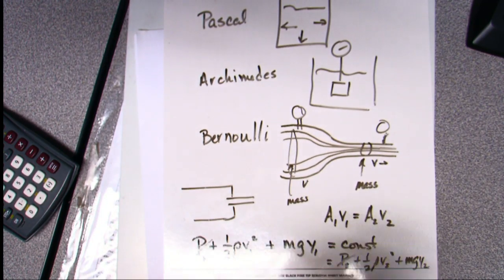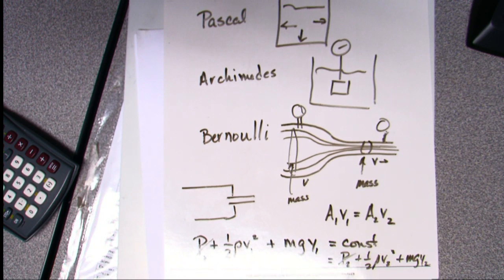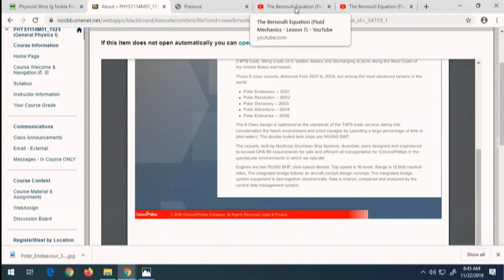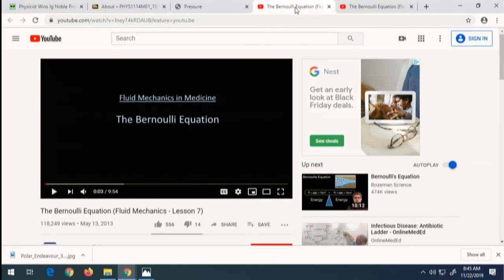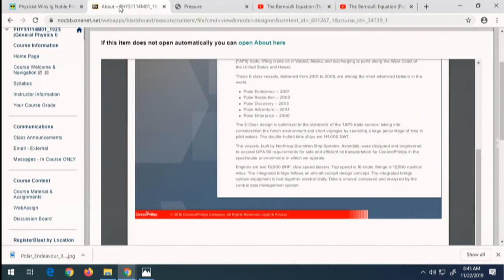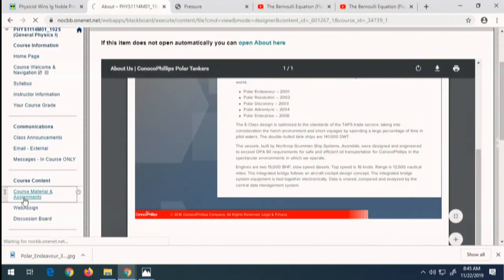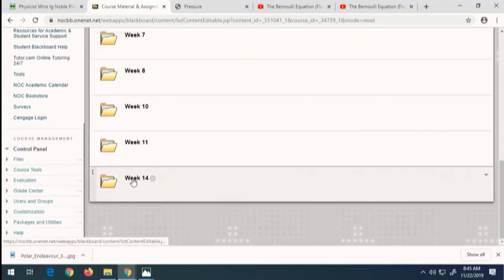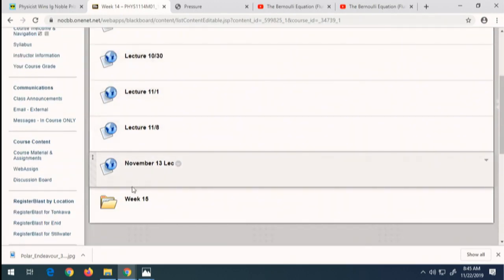So I'm going to switch back over here, because I have it posted. We will go in there and do it. I'm going to come over here and use the desktop computer. I was playing with it in Blackboard, so if you go back into Blackboard, you can see it now. In week 14, I cleaned it up just a little bit.